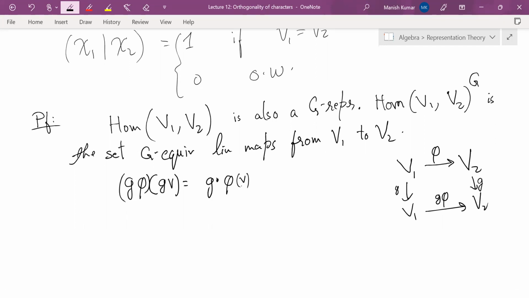So if you are trying to figure out maps which are fixed by G, we are looking for maps for which G phi is phi.